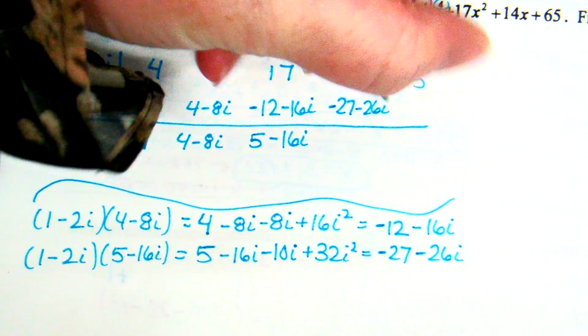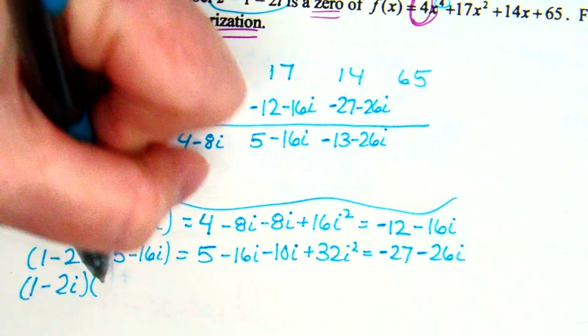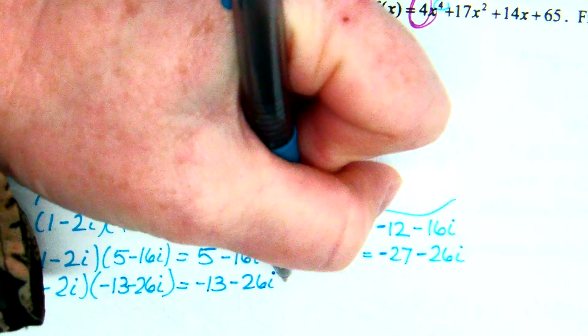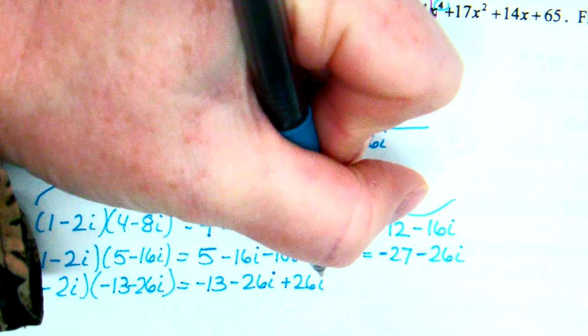And one more time, we need to FOIL. So it's 1 minus 2i times negative 13 minus 26i. Okay, FOIL. Negative 13 minus 26i plus 26i plus 52i squared.